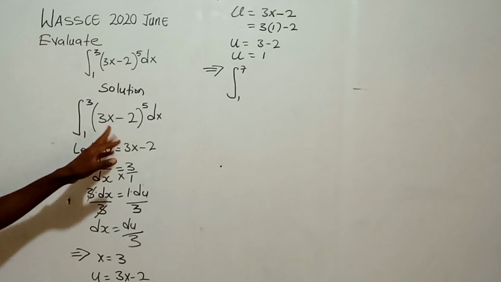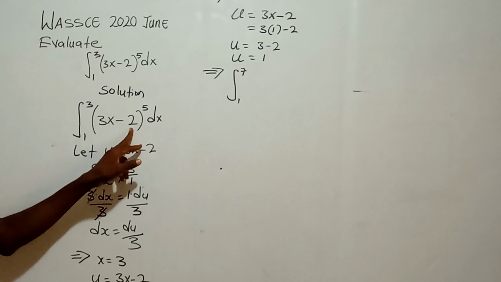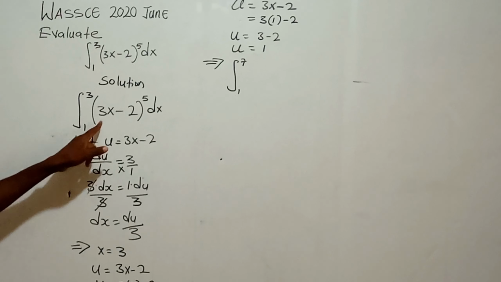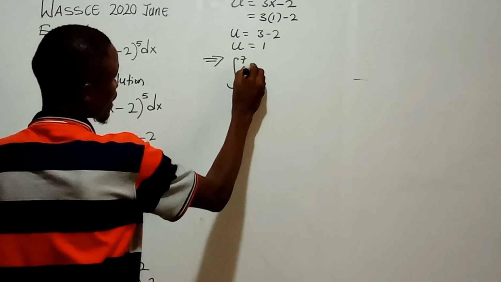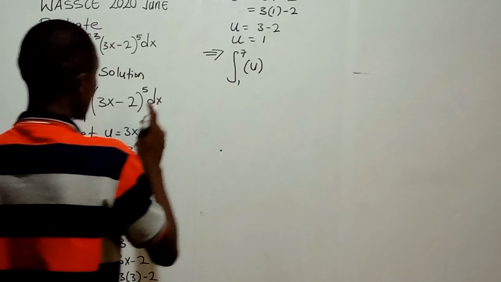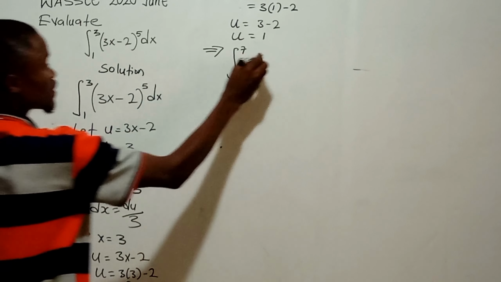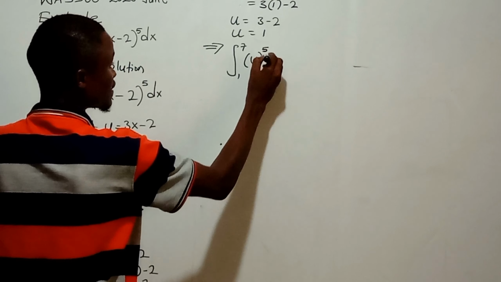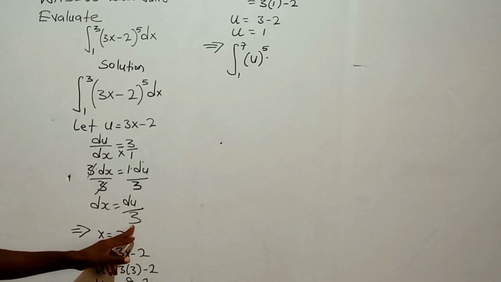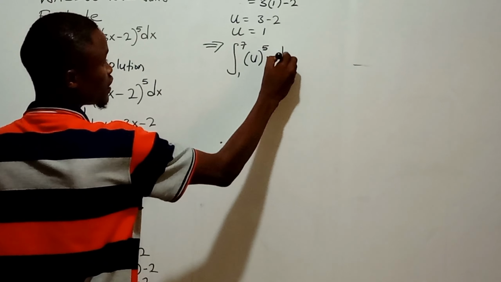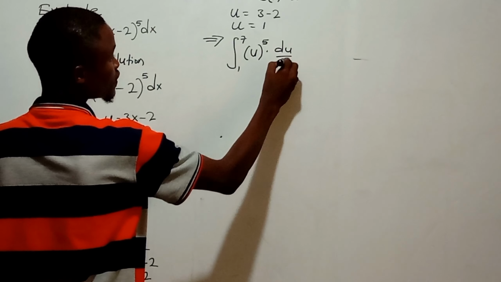So we have 3x minus 2, which should be equal to u. So we write bracket open u, but this u is always to the power 5, times dx, which is now equal to du over 3. You substitute du over 3.